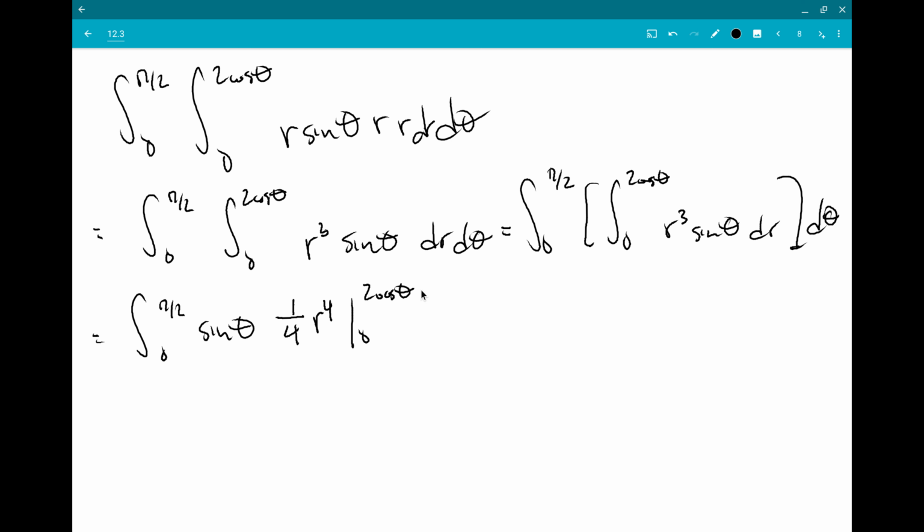Oh, this looks like it's going to be unpleasant. So I'll pull my 1/4 out front all the way, integrate from 0 to pi over 2, sine theta, and then 2 cosine theta to the 4th becomes 4 cosine to the 4th theta. Sorry, 2 to the 4th should be 4 squared, so that's 16.